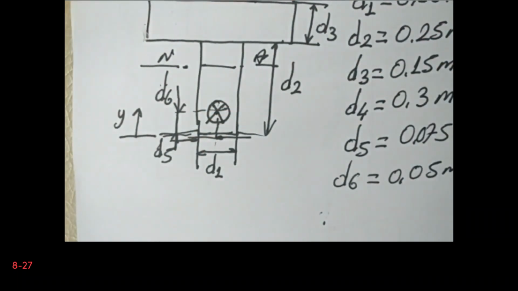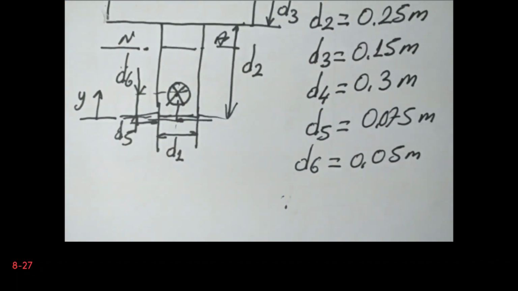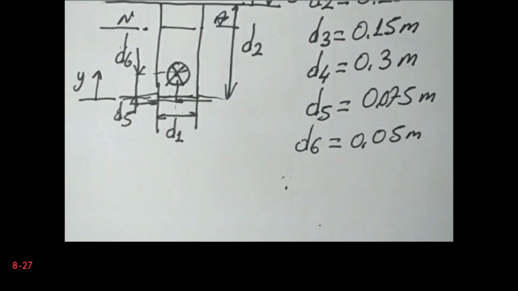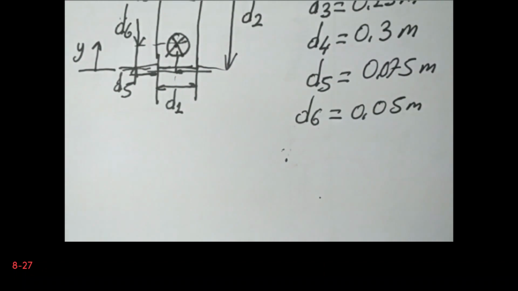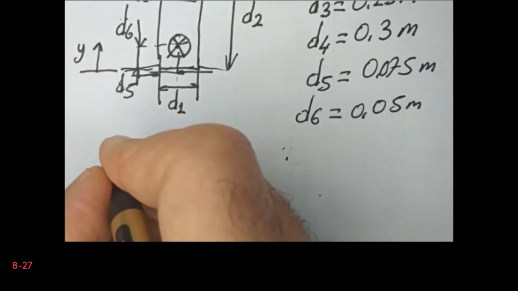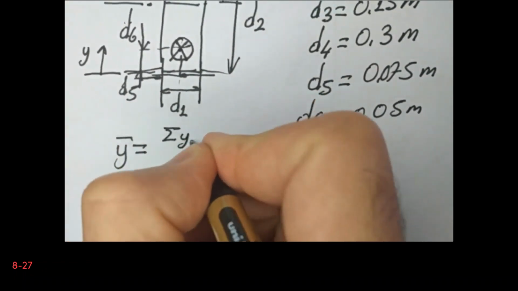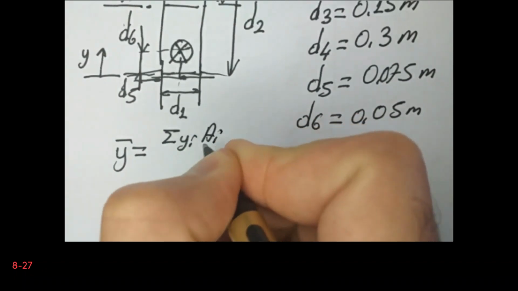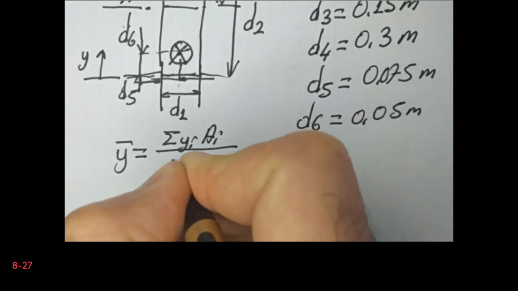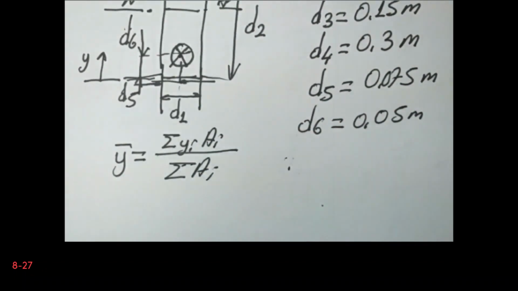In fact, it is the sum of the first moments of the areas divided by the total area. So y bar is the location of the neutral axis.